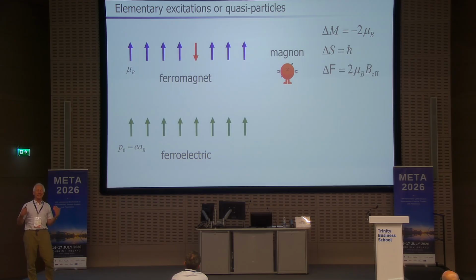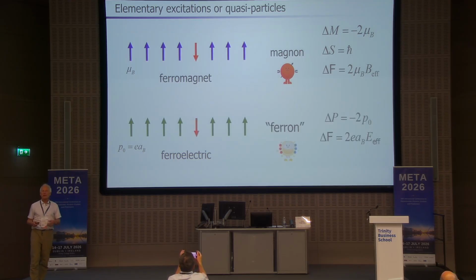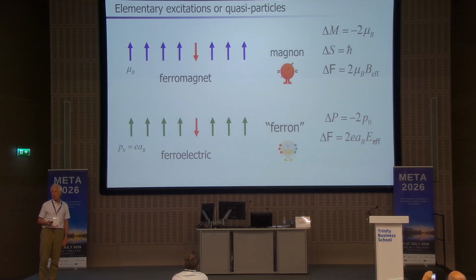Now, this costs exchange energy, and it reduces the total magnetization by twice the μB. Now, this is what we call a magnon. In the ferroelectric, we can also reverse this electric dipole. Now, this costs elastic energy mainly, and dipolar energy. The total polarization by this excitation is reduced by minus 2p0. So everything is quite similar, isn't it?